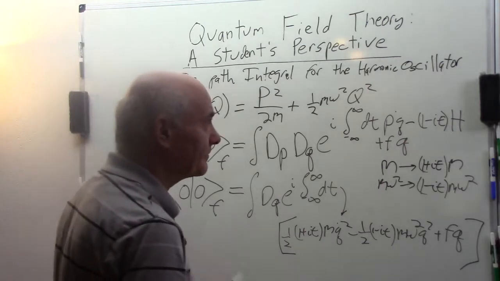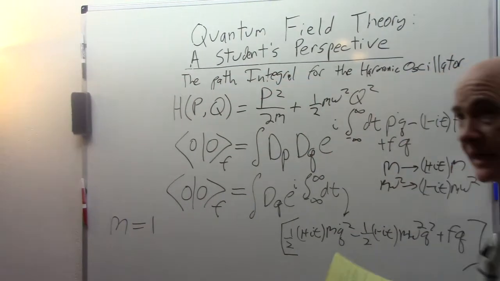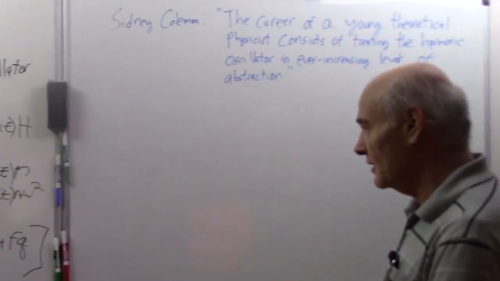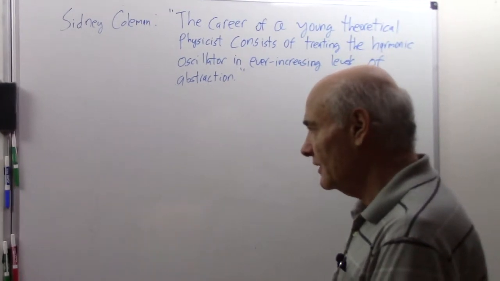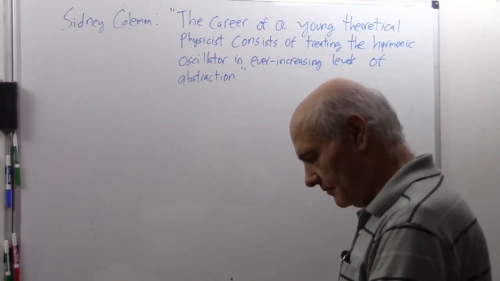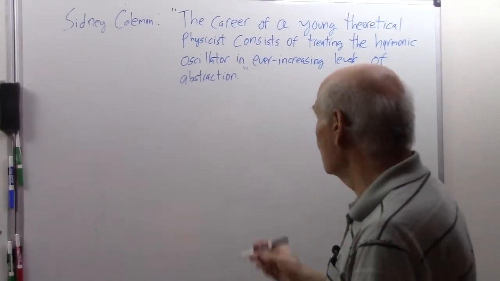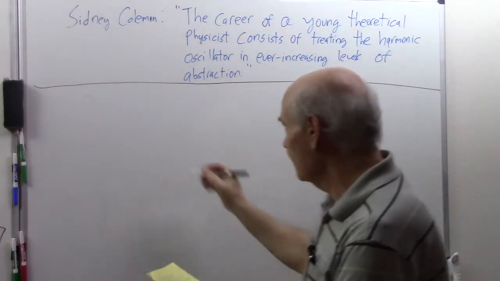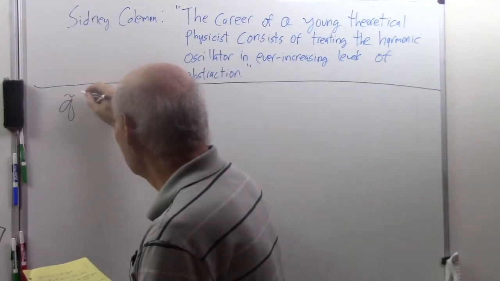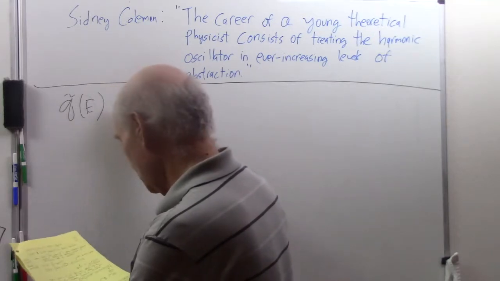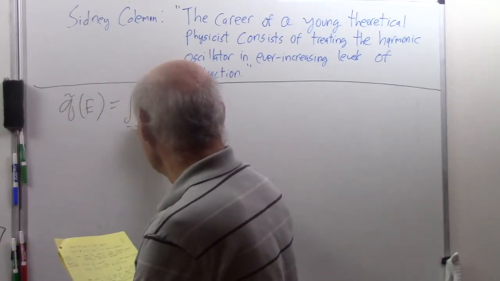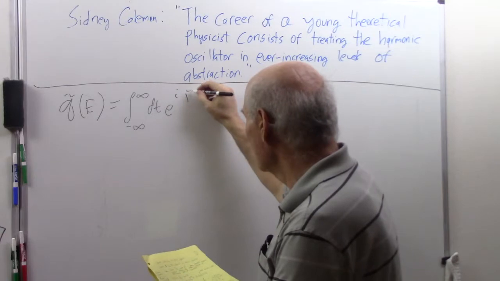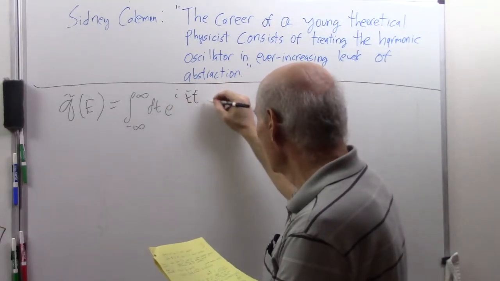And the next thing we're going to do is Fourier transforms. And this is all fairly standard. So we'll define q tilde of E is equal to the integral from minus infinity to infinity dt e to the i E t q of t.